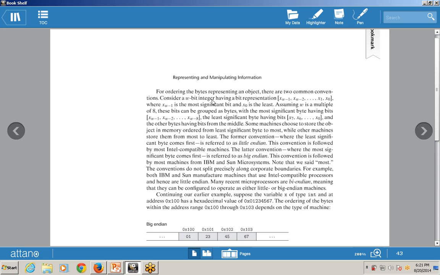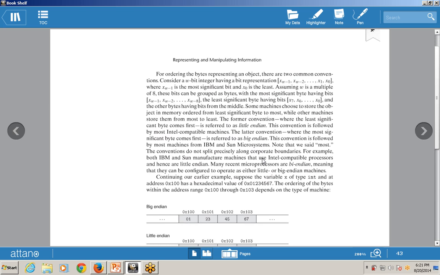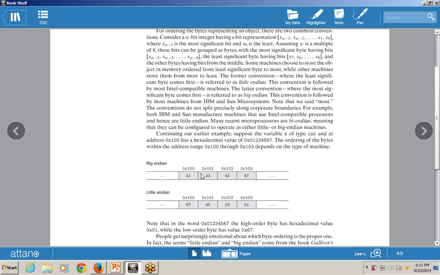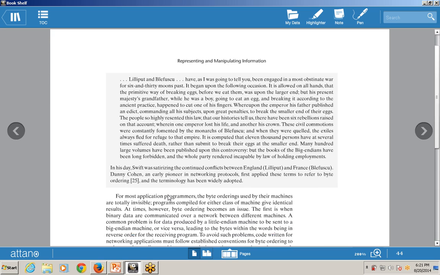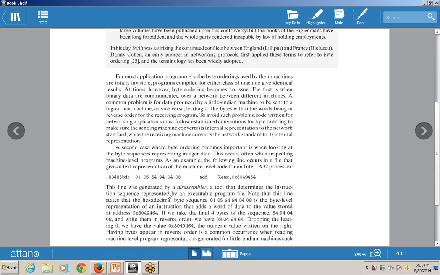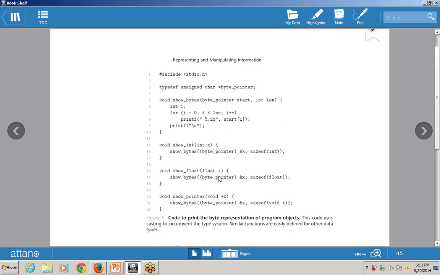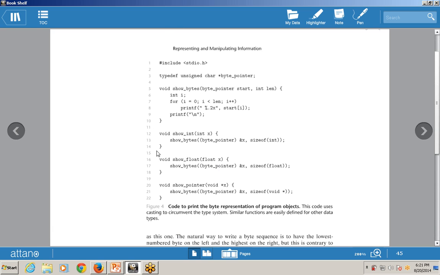Consider a W-bit integer, where we can use little endian or big endian. This is the little endian, and there is also the big endian. This is a program in C language.